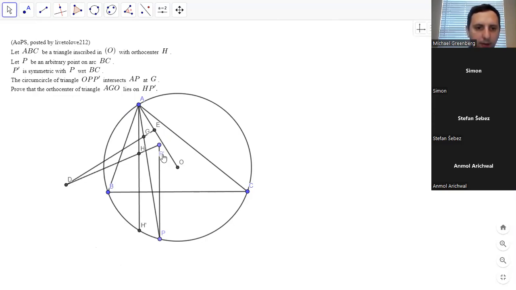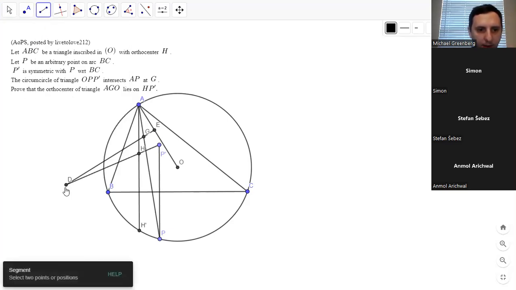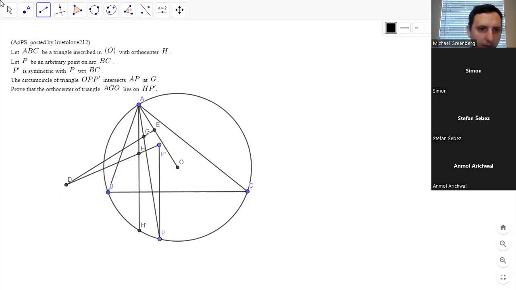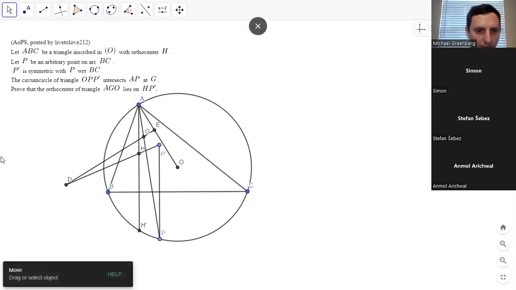The way I define things, basically, I drop a perpendicular from G to AO, and I let it intersect HP prime at D, and then I want to show that DGP prime P is cyclic. But yeah, that would be what I would want to prove.